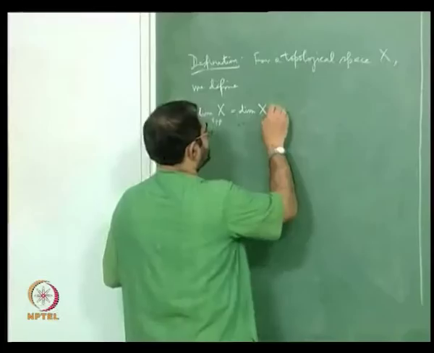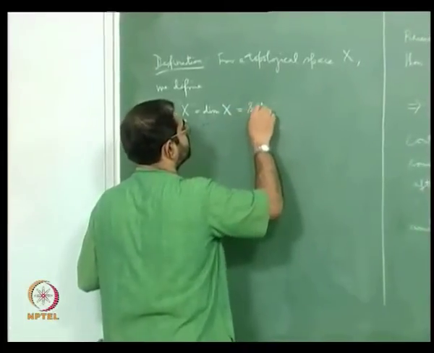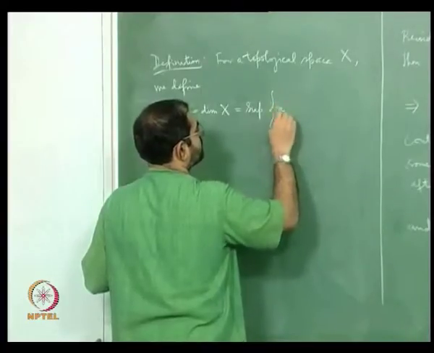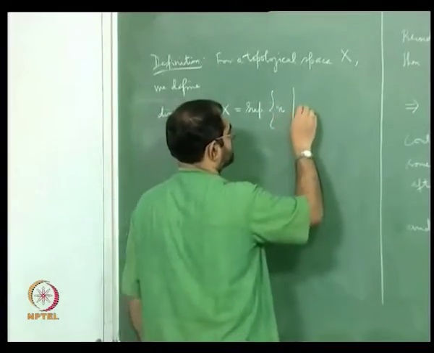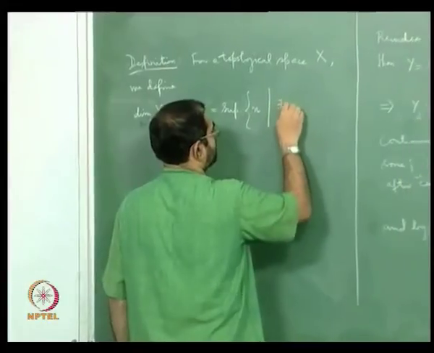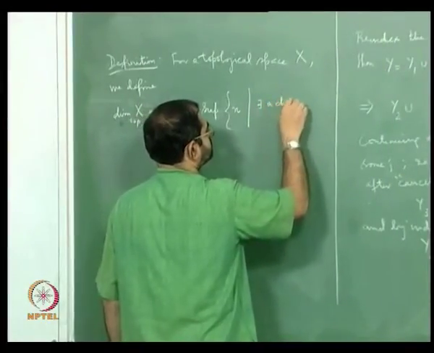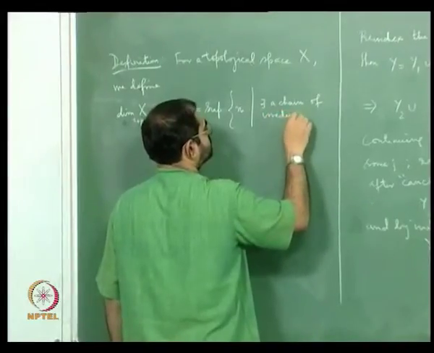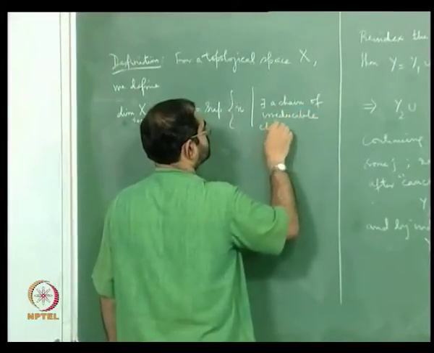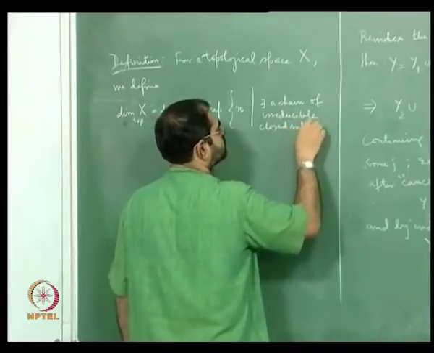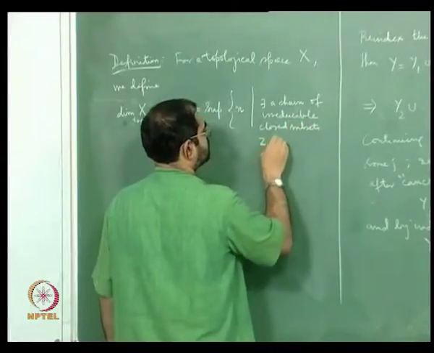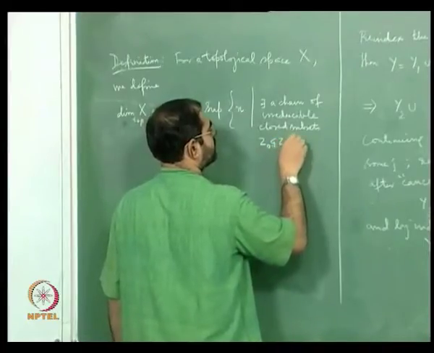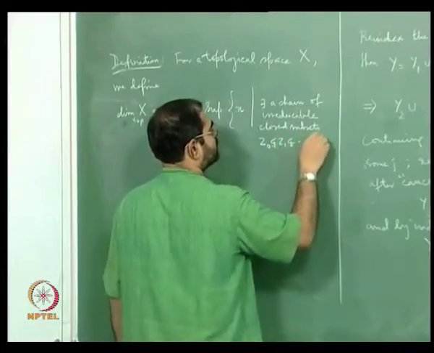What is it? This is defined as the supremum of the set of all n such that there exists a chain of irreducible closed subsets Z0 properly contained in Z1, properly contained in Z2, and so on up to Zn.